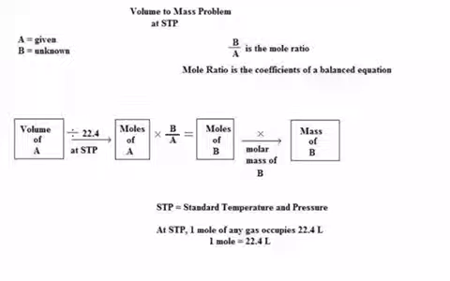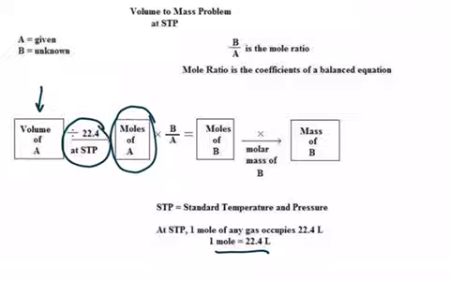Now, let's do the opposite. Let's do volume to mass. When you're doing a volume to mass problem, the first thing you always got to do is convert to moles. This time we're in volume. Because it's at STP, okay, we can use 22.4 liters. This time, however, we're going to divide by 22.4 to get us to moles of the given.